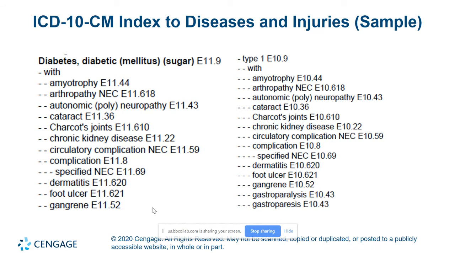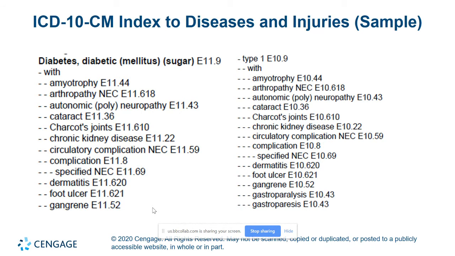If you're looking for diabetes with something or type 2 diabetes, you want to make sure that you're on the right line, because some of the times it's going to be repetitive words. I'm trying to think of an example, I should have done that. So maybe it's diabetes with foot ulcer, or diabetes with complications with a foot ulcer.